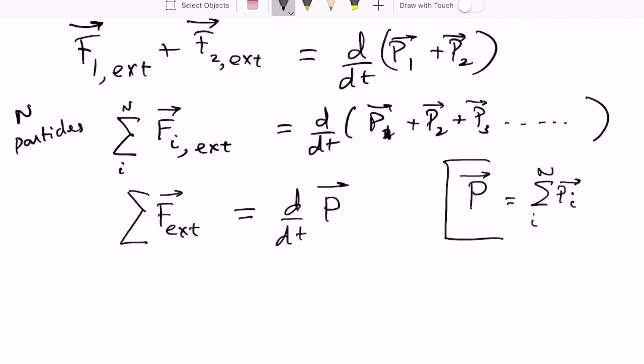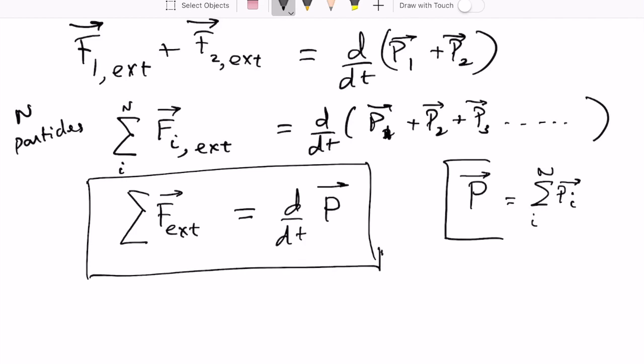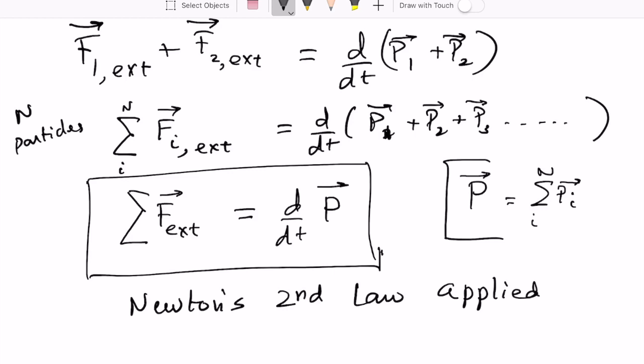So instead of writing summation Pi from 1 to n, I'm just calling that capital P. This is Newton's second law applied to a system of particles.